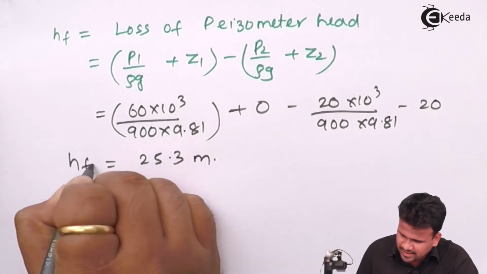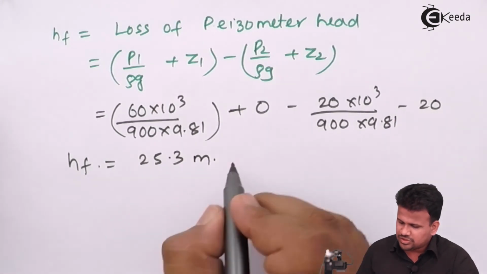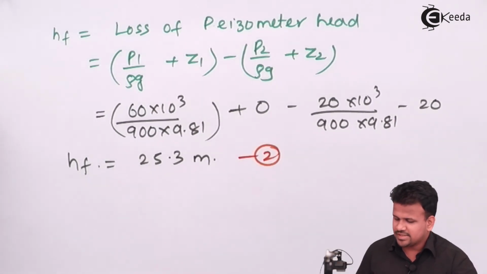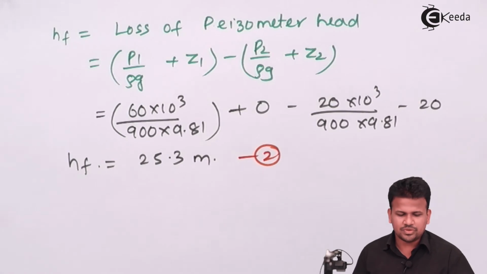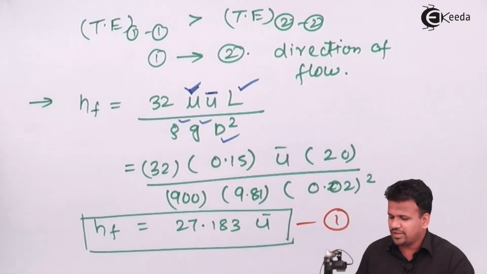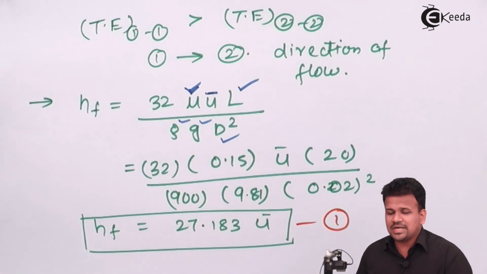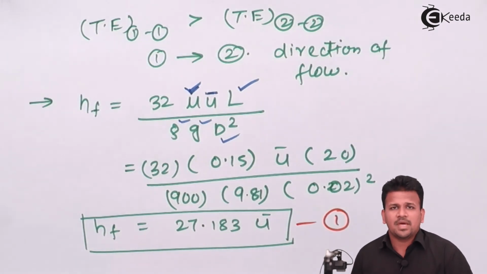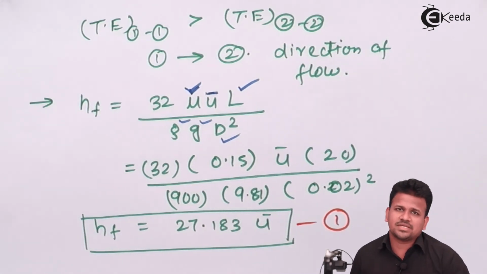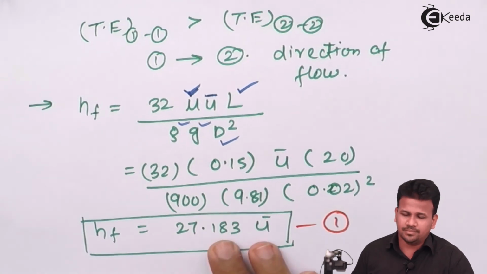So that is the head loss due to piezometric head. Let us consider this as equation number 2, and the head loss due to friction between section 1-1 and section 2-2 as equation number 1. Both are the head loss in the pipe between section 1-1 and section 2-2, so let us equate equation number 1 and equation number 2.